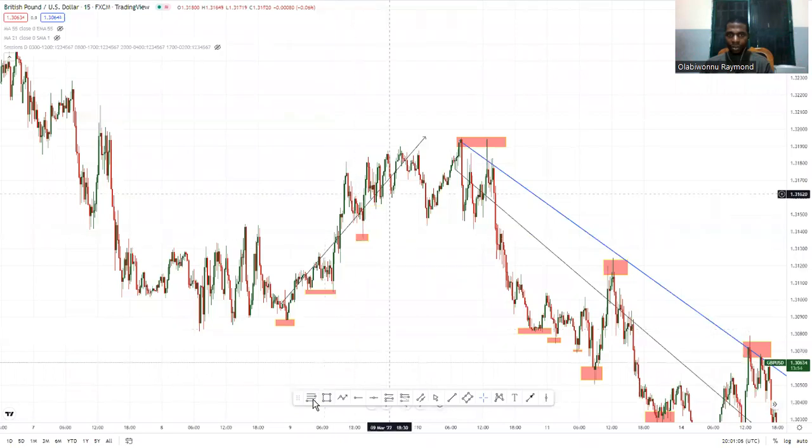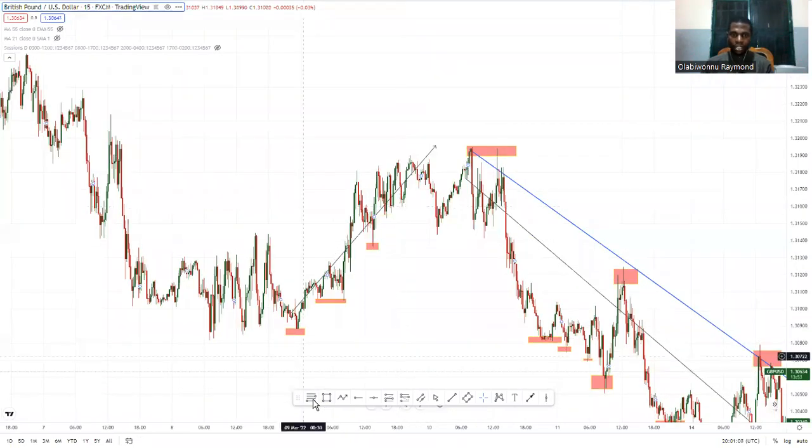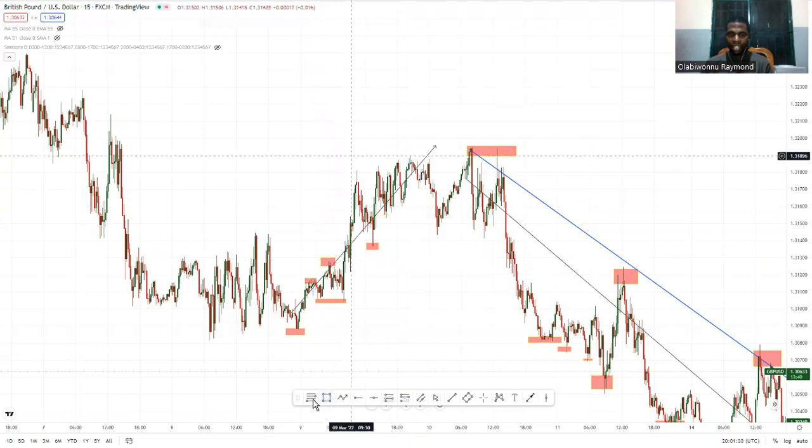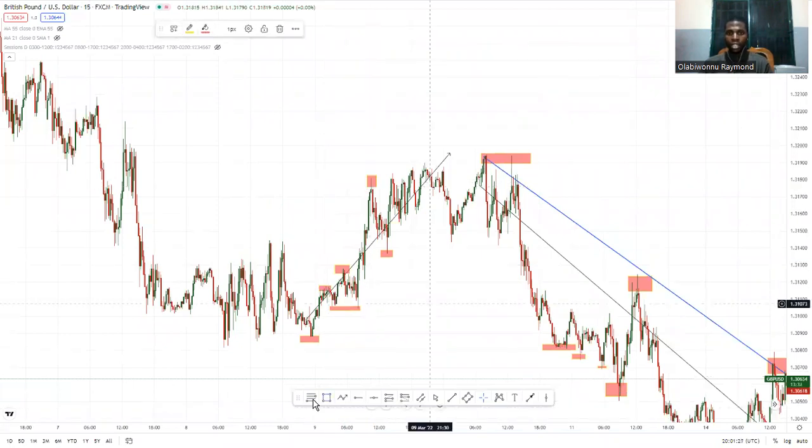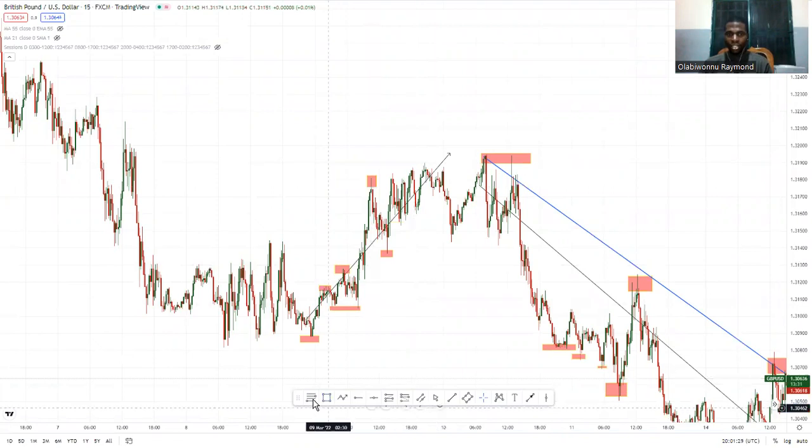Same thing at the top here, creating the higher high, higher high, then higher high like that. You can see the schematics that came up around here.